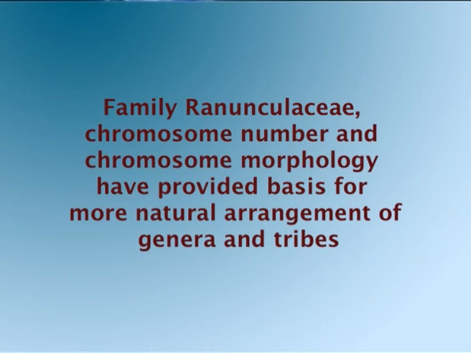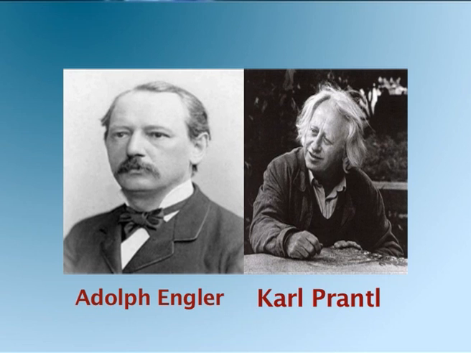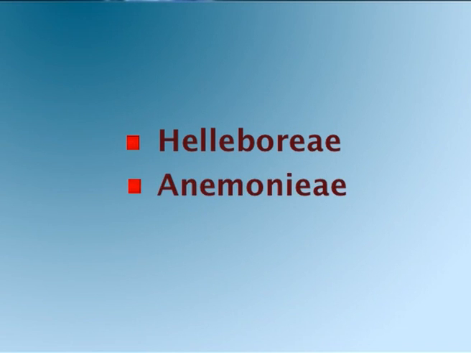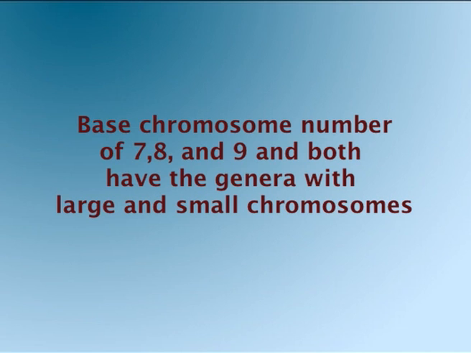In the family Ranunculaceae, chromosome number and chromosome morphology have provided the basis for a more natural arrangement of genera and tribes. Engler and Prantl have recognized two major tribes, Helleboreae and Anemoneae, in the family Ranunculaceae with base chromosome numbers of 7, 8 and 9, and both have genera with large and small chromosomes.